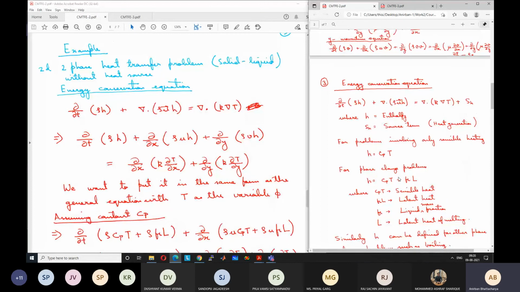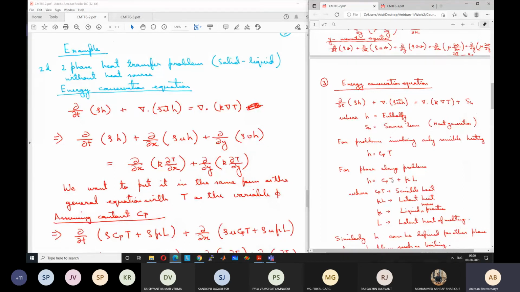So our equation will be of this form: del/del t of rho h, which is the unsteady term, plus del dot rho U h, which is the convective term, is equal to del dot k del T. Because there is no heat source, we do not have any source term here. What is h? h is the total enthalpy, which is a summation of the sensible enthalpy, Cp into T, where Cp is the specific heat and T is the temperature from some reference state.